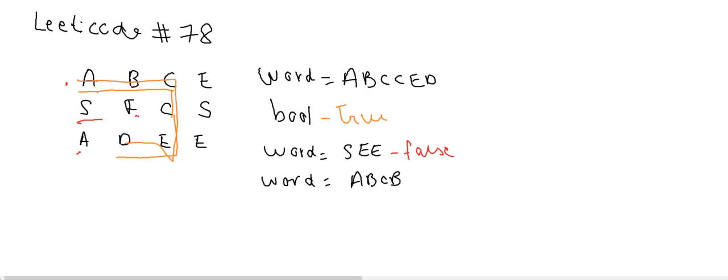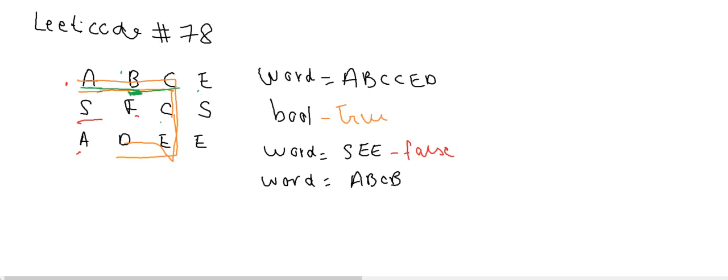So if you start from this A, from A we go to B, from B we go to C, then we need B, but the neighbors of C are E, C, and B. This B is a neighbor of C, but it is already visited.